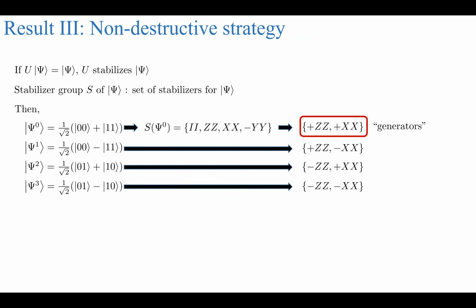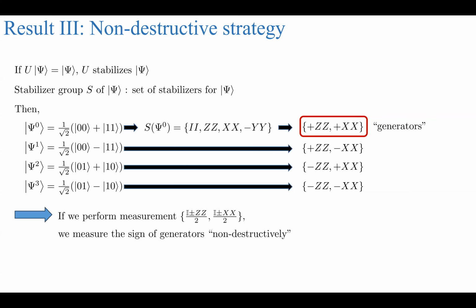We use a stabilizer method in a fully non-destructive way, and we know that Bell states can be represented by stabilizer generators with plus or minus sign. And if we can perform a measurement of this form, then we measure the sign of the generators in a non-destructive way. But this should be a non-local measurement.